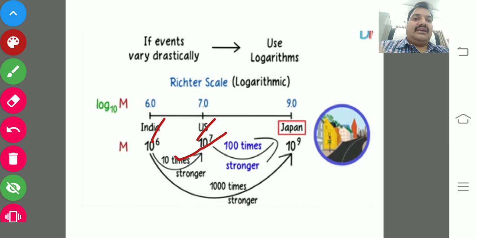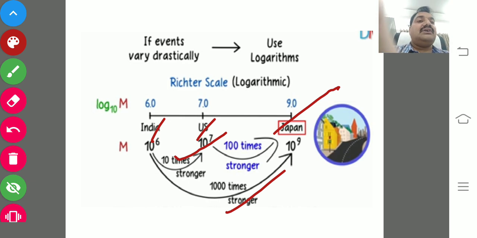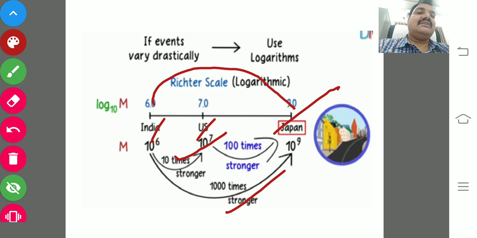And India to Japan, 1000 times stronger intensity, whereas on the general scale, 9 minus 6 is only 3. The 3 is a small value, but if you apply logarithm, we get the real value: how much stronger the earthquake intensity is in Japan compared with India, 1000 times.